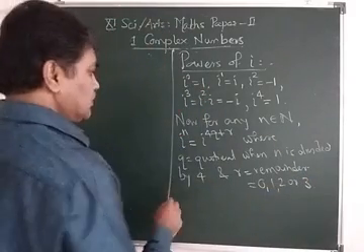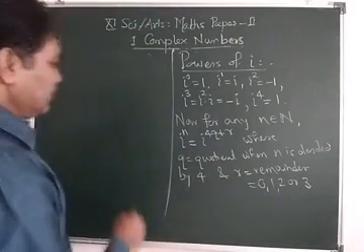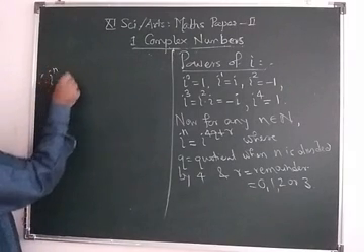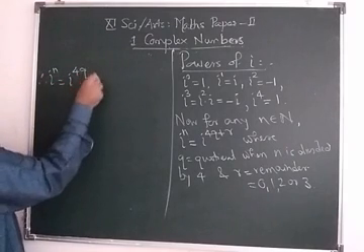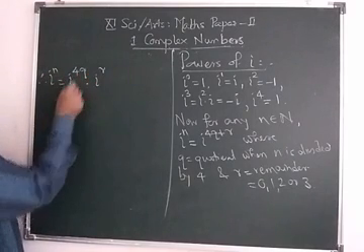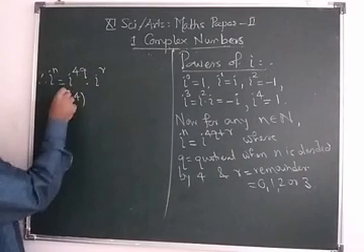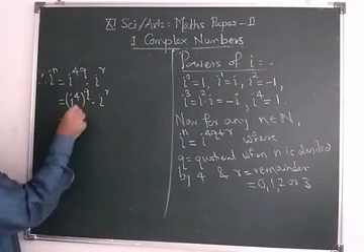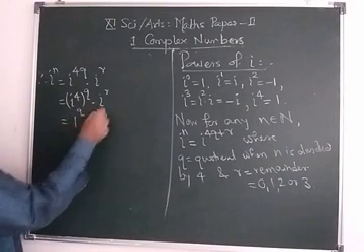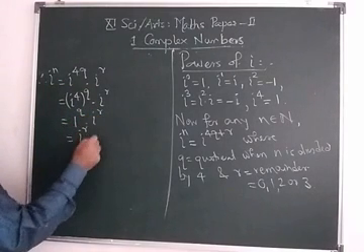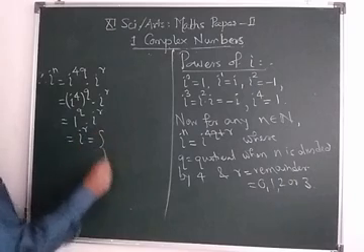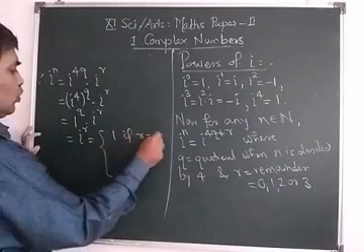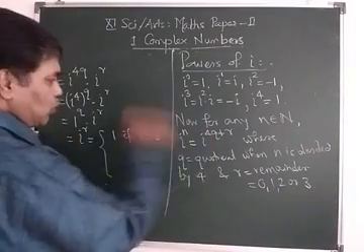Okay. And therefore, i raised to n is equal to i raised to 4q into i raised to r. But this i raised to 4q is the same as i raised to 4 raised to q, into i raised to r. That is 1 raised to q into i raised to r, which is equal to i raised to r. And this i raised to r is 1 if the remainder is 0, meaning n is a multiple of 4.